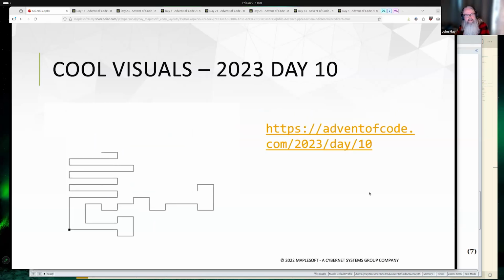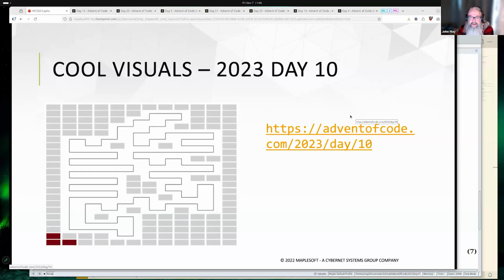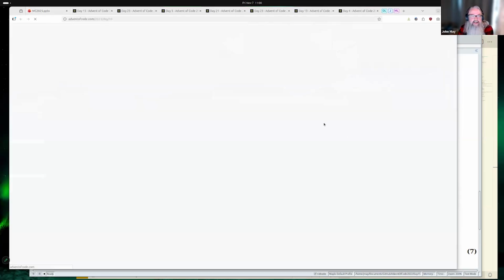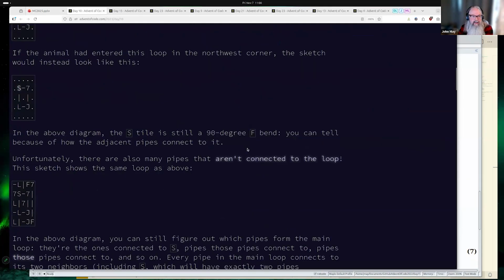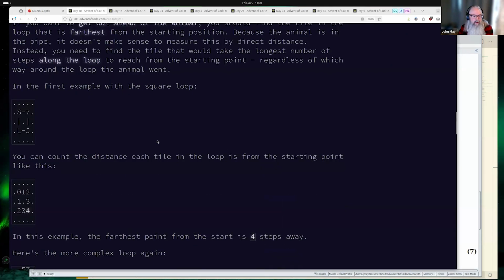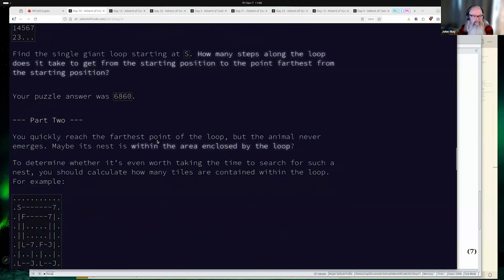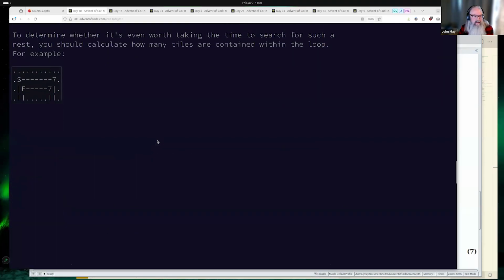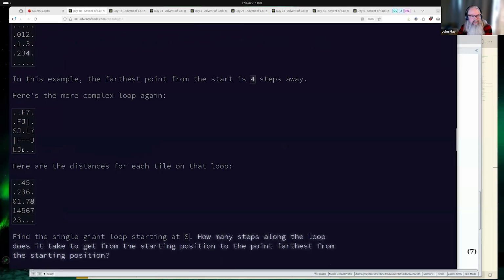Day 10 was actually, I'm going to show this to you because it's kind of interesting. You're given a grid that's a maze, but you're given it with these F's and J's and pipes.